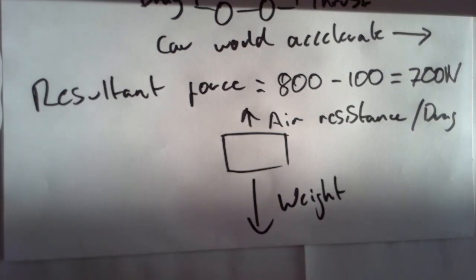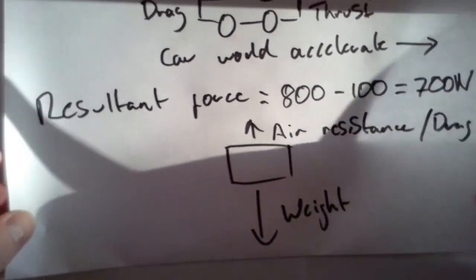So all of these force diagrams and all these different forces we can use to look at the first of Newton's laws. And Newton's first law is nice and simple.